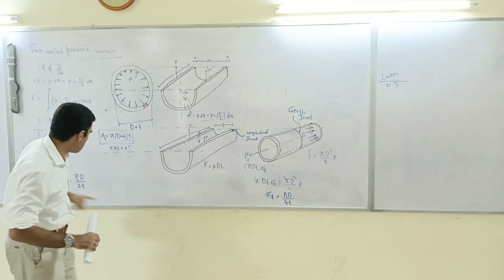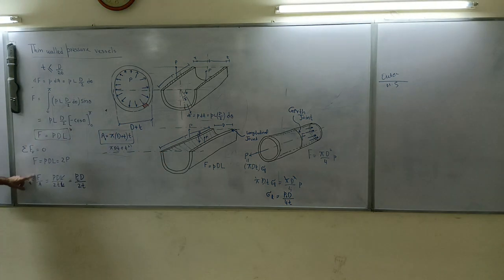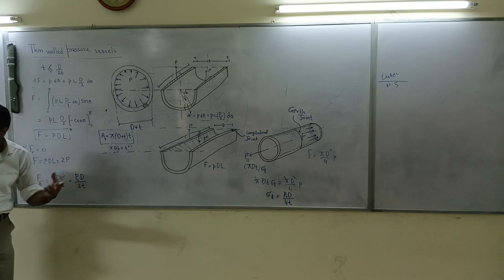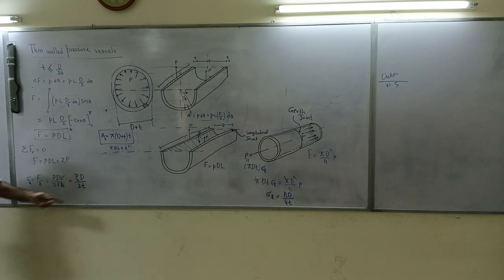Again, you come to this equation, stress tangential. The inside pressure you know already. You will be given the diameter of this vessel, you will be given 2 times T. That's geometry and it will be given. So you can find out your stress tangential.